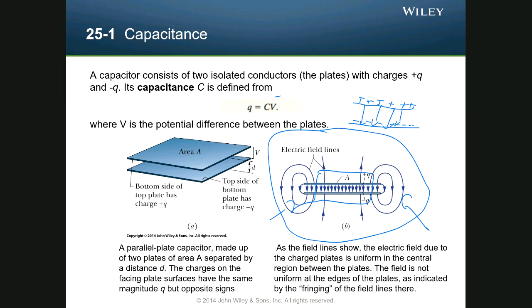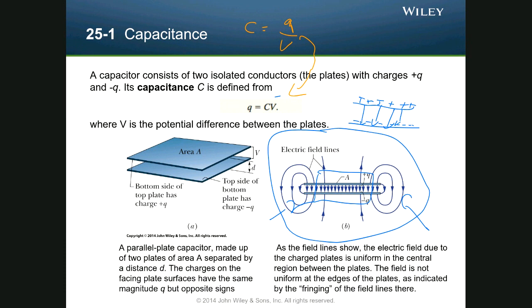So the capacitance is given as Q over the potential difference, but you can solve for Q here and get that the charge is equal to the product of C times V. And often it's written this way because the capacitance will be constant. So basically you'll have a capacitor that has a rated capacitance, and you'll charge it up and discharge it.